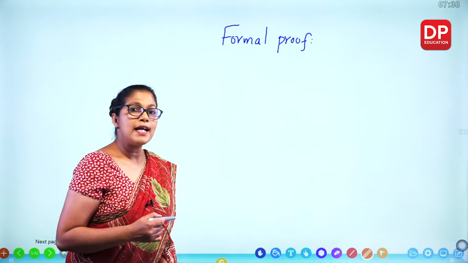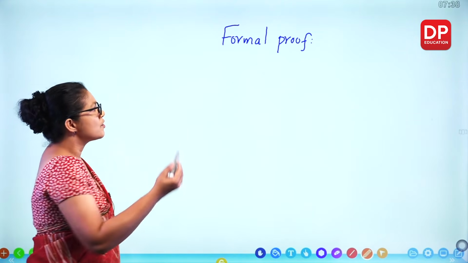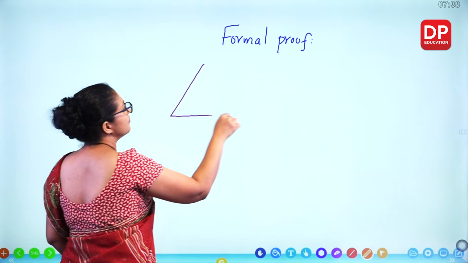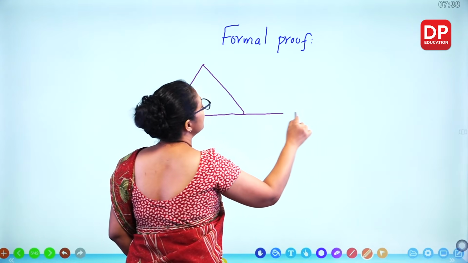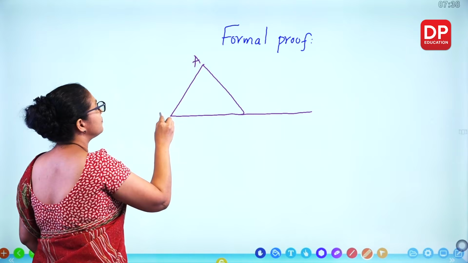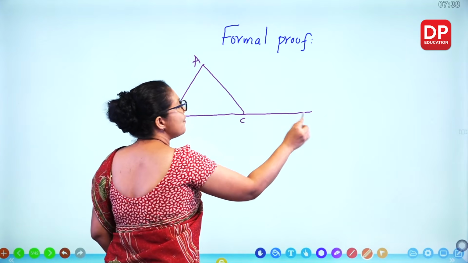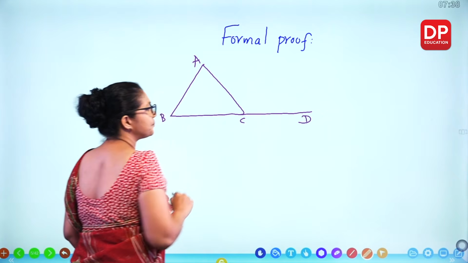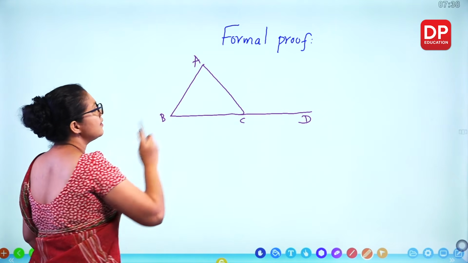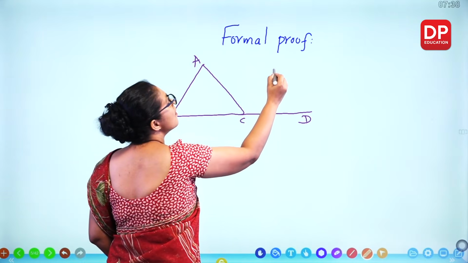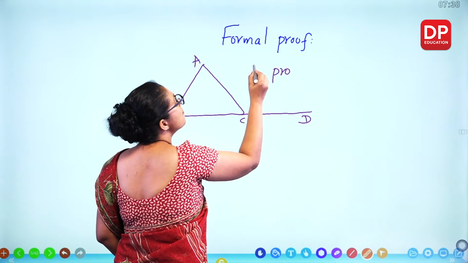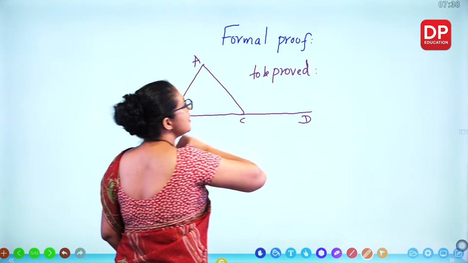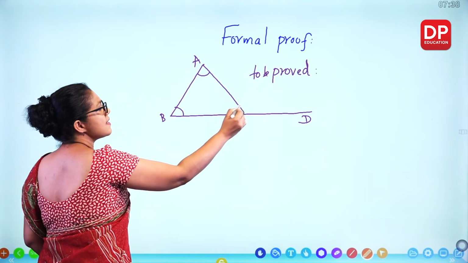Now before that we'll try to prove it. For that I am taking a triangle ABC and then I am taking BC produced up to D. So here, to be proved, I need to prove this plus this is equal to this angle.